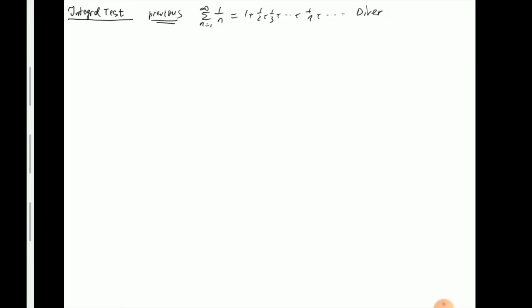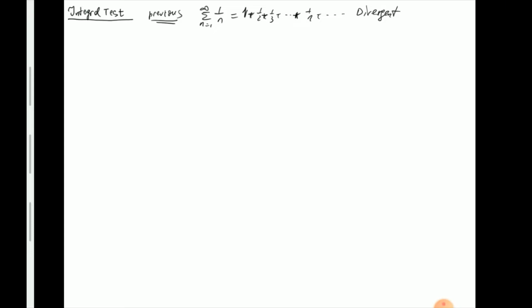So this is a divergent series. I alluded to the integral test when I showed you an argument using a Riemann sum and the integral of 1 over x. So today we're going to formalize what this test says.